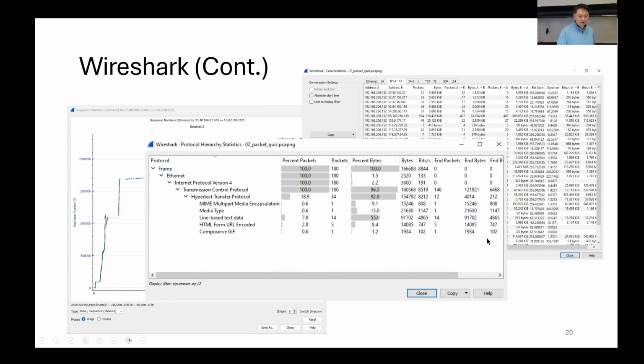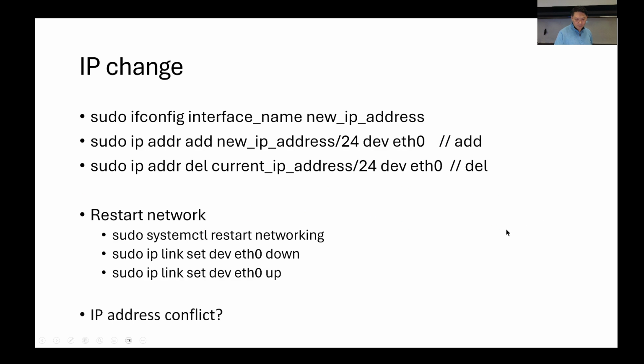And also, Wireshark provides some statistical features, like how many packets based on the types of the packet, how many packets are collected, sent, and received, right? And some graphical representations. Yes, so very useful.